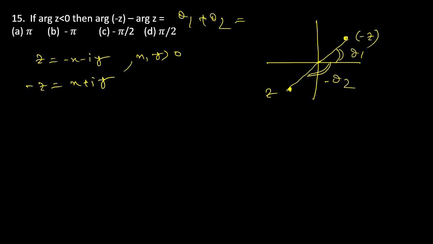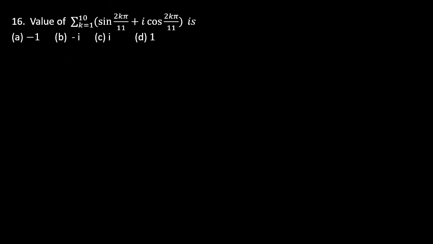Now theta 1 plus theta 2 is equal to pi, this is pi. Okay, so this option is correct. Okay, next problem.